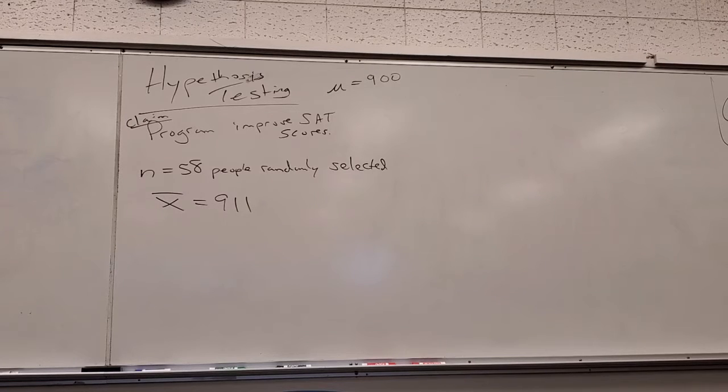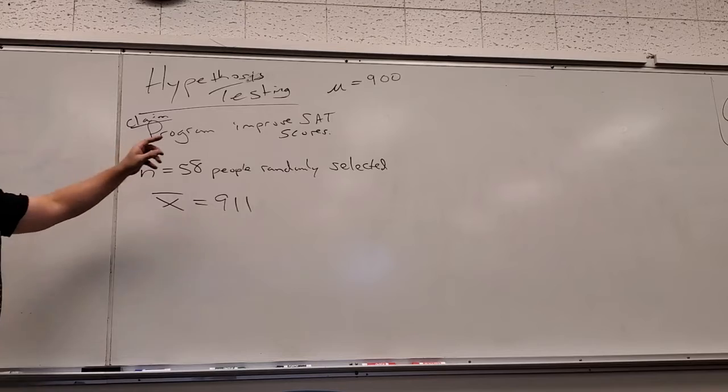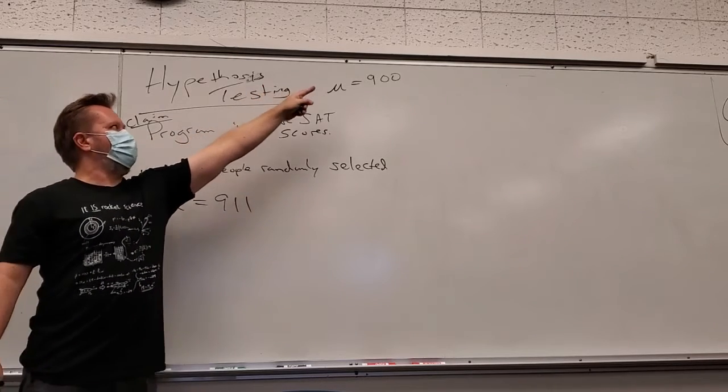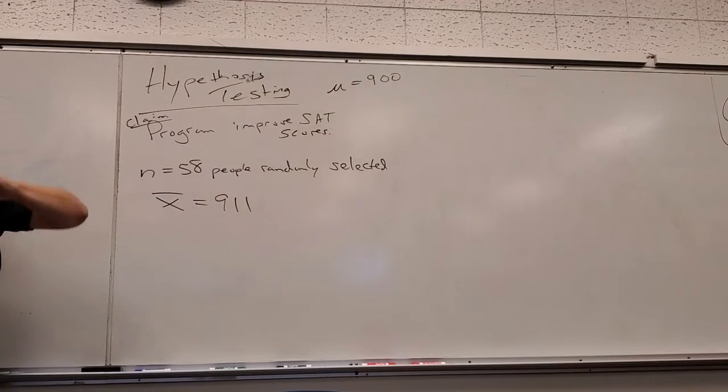Yes. Because 57 people could have gotten a 0 and 1 person went. Well, one person couldn't make up for 57 zeros, but okay, your argument is that some people could have done worse. A lot more people could have. But the claim is my program improves the mean SAT score, right?